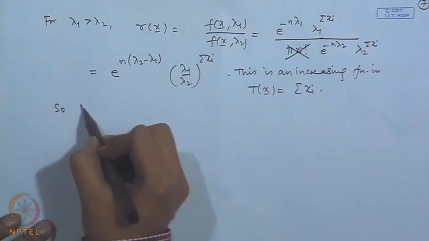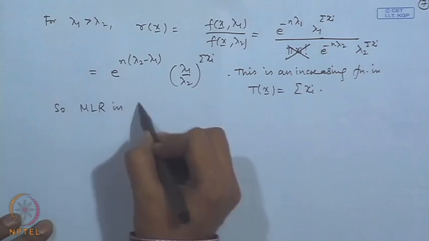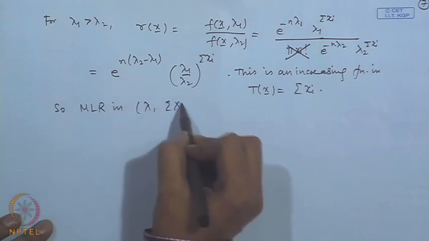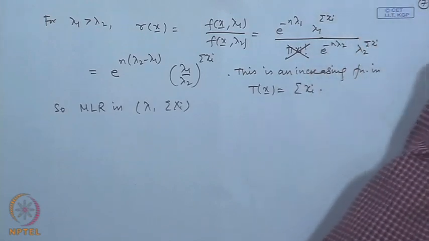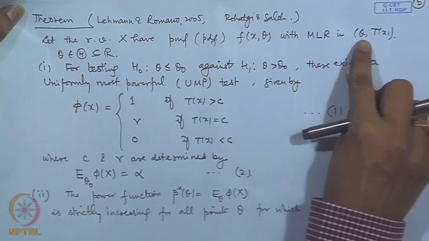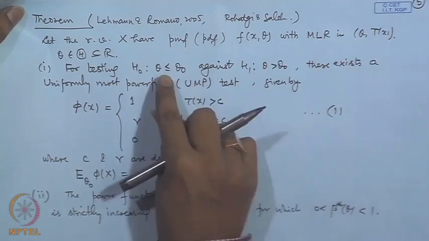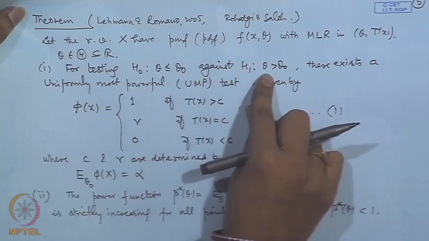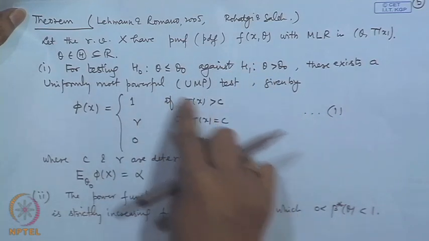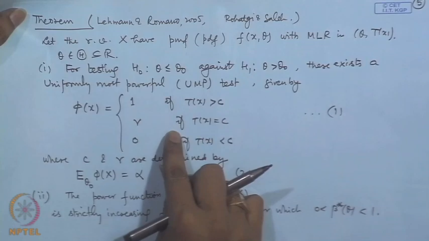So, we have monotone likelihood ratio in λ and Σxi. So, we can apply the theorem that I gave: if the family has monotone likelihood ratio in θ and T(x), then for a one-sided null hypothesis versus a one-sided alternative hypothesis, the uniformly most powerful test is obtained here.